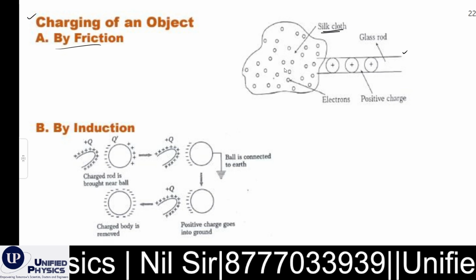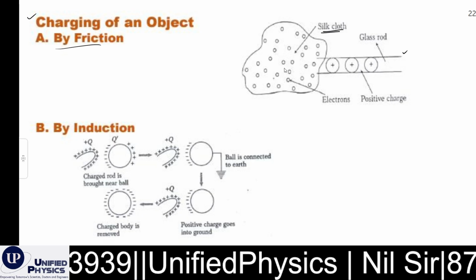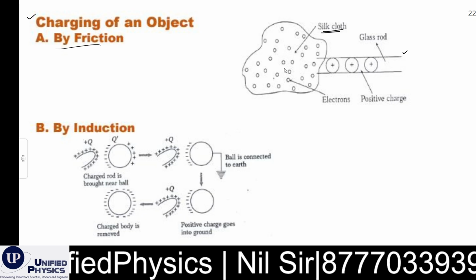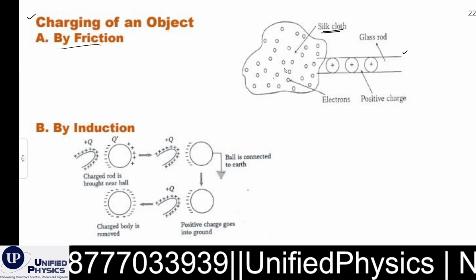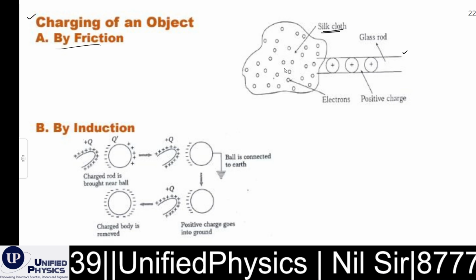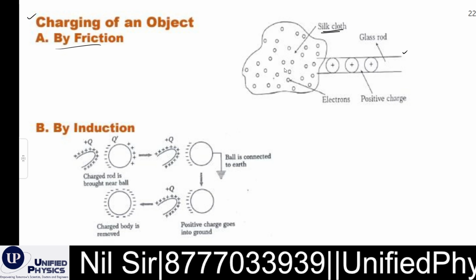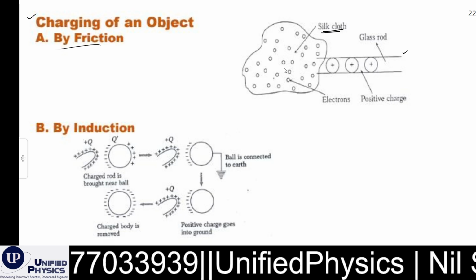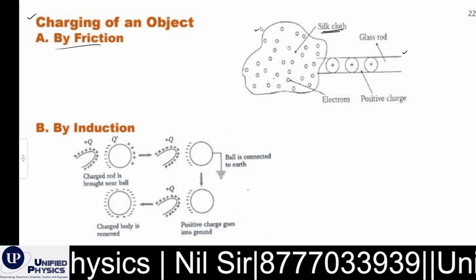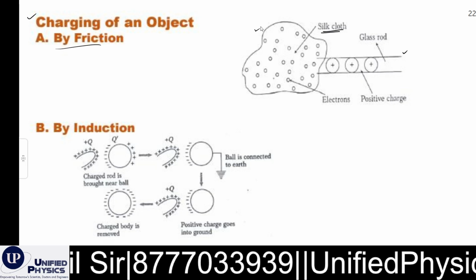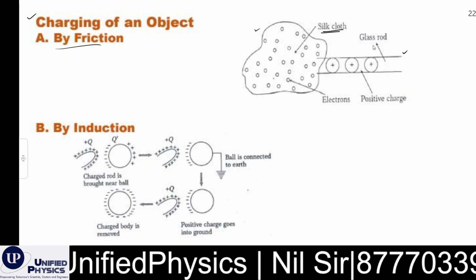And after combing, if you bring tiny particles close to the comb, you will see that these tiny particles will be attracted by this comb. So that means the comb is charged during this process. Okay. So this is one type of method of charging. In friction, actually two types of charge are produced, positive and negative charge. One is positively charged, the other is negatively charged.